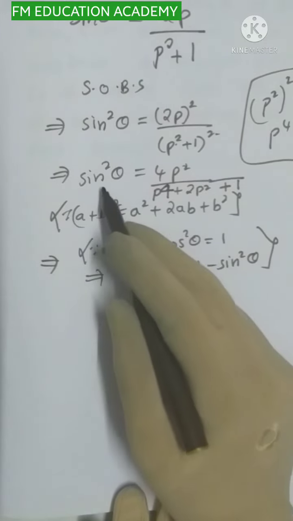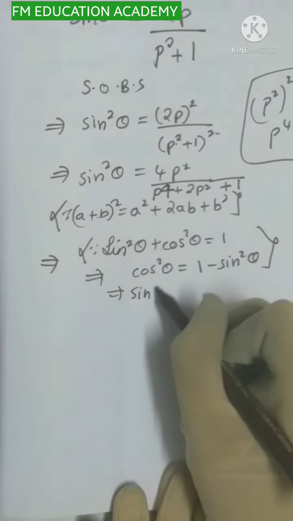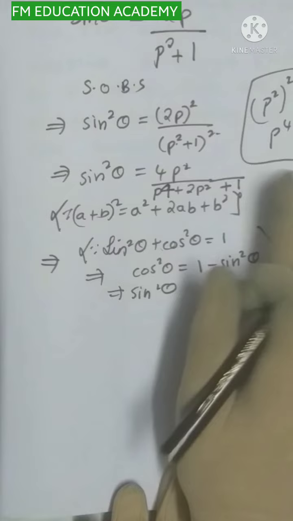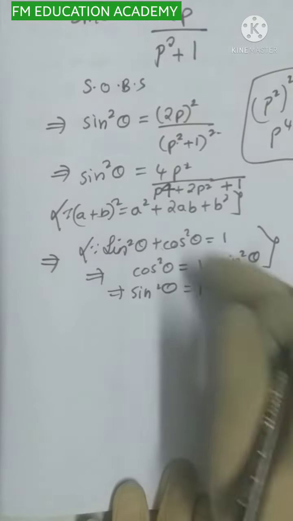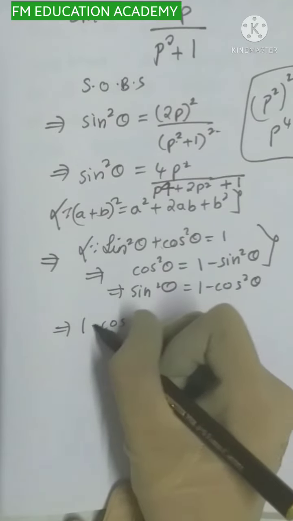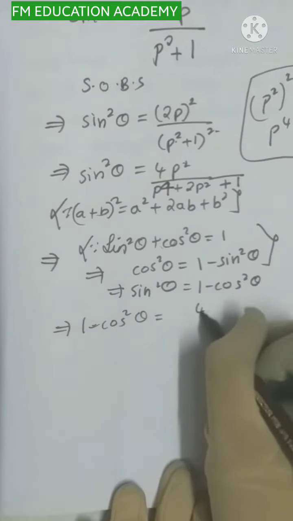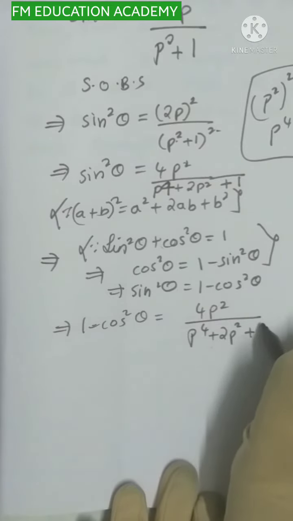Here I need sin square theta, so I can send cos square theta to the other side, and it becomes 1 minus cos square theta. So in place of sin square theta I'll write 1 minus cos square theta. So 1 minus cos square theta is equal to 4p square by p power 4 plus 2p square plus 1.